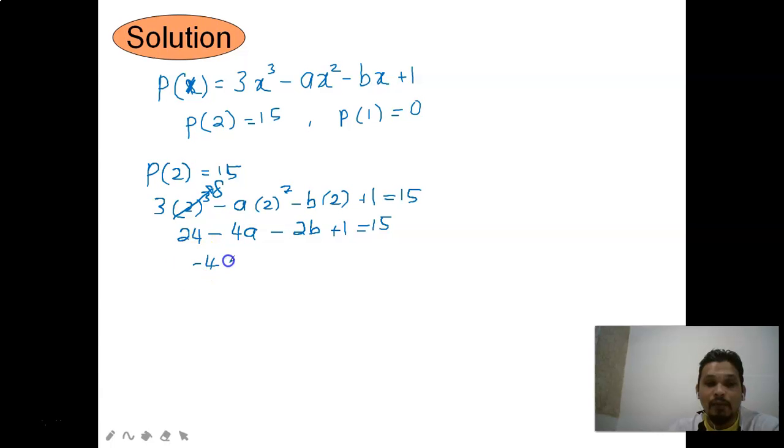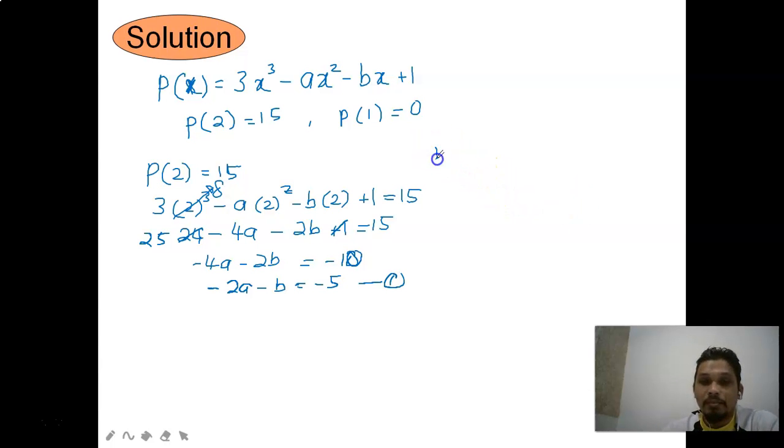Then negative 4a minus 2b equal to negative 24 plus 1... so 15 minus 25 equal to negative 10. Divide by 2, it gives you negative 2a minus b equal to negative 5. So equation 1.